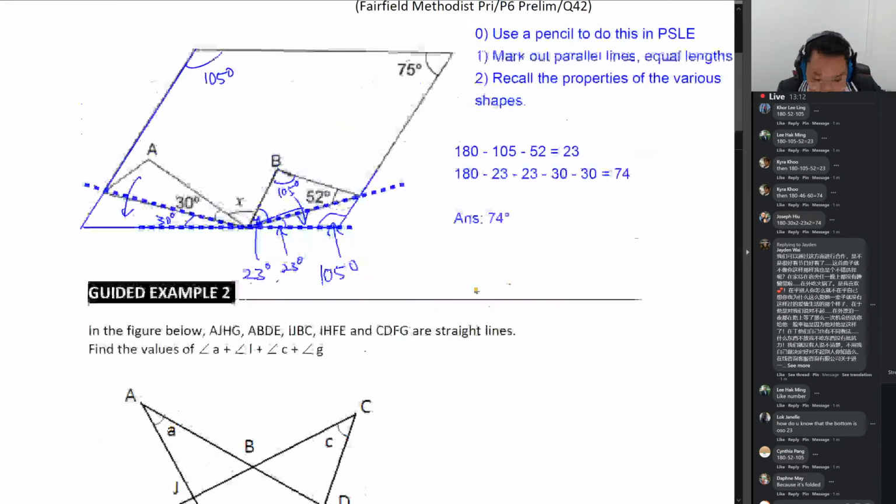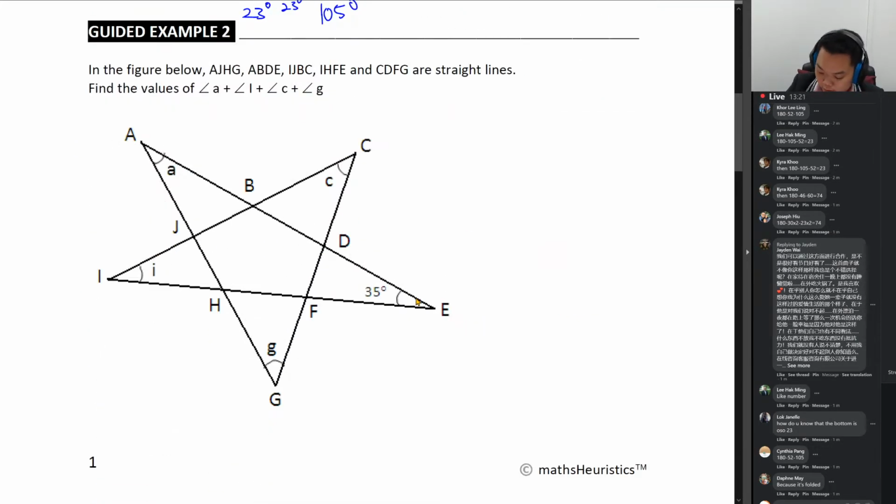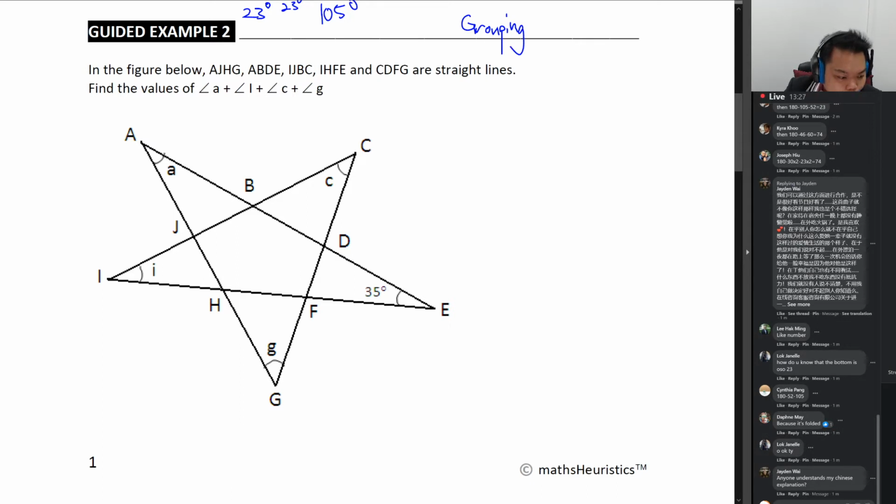Number 2, okay, so you can see that guided example 1's idea is based on folding. Guided example 2, the idea here is based on grouping.